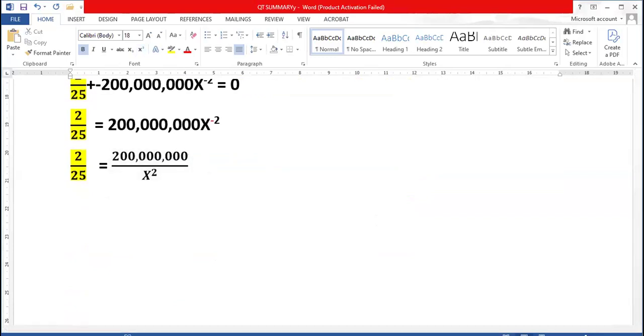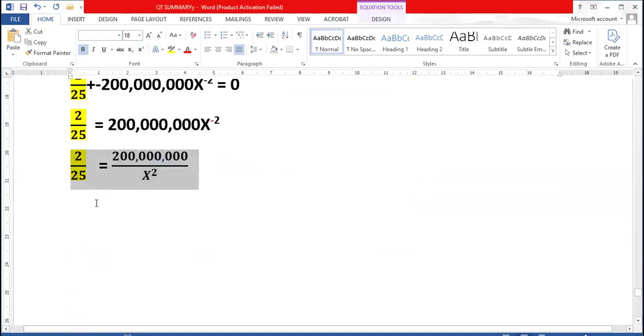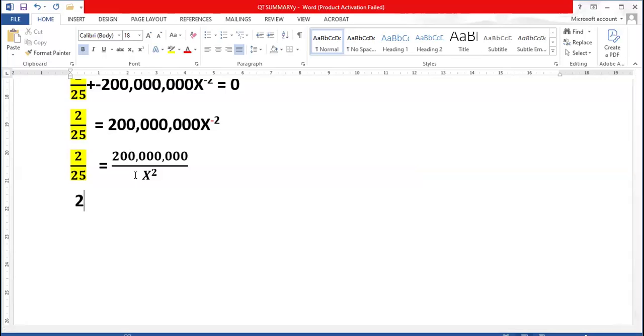When you cross multiply, what do you get? Without this technique, it becomes hard for you to proceed. So when you cross multiply, it will be 2x squared equal to what?